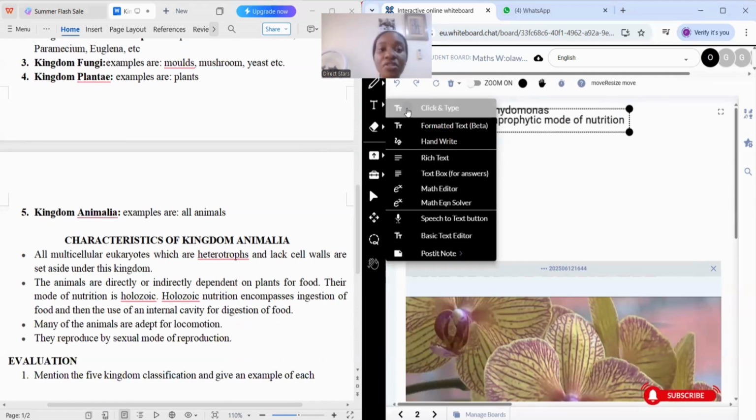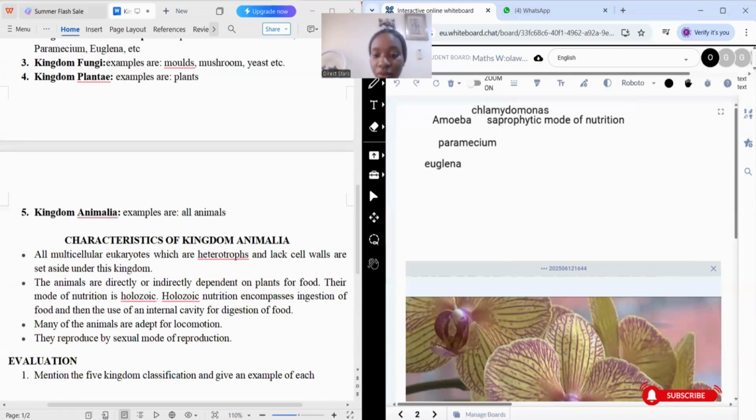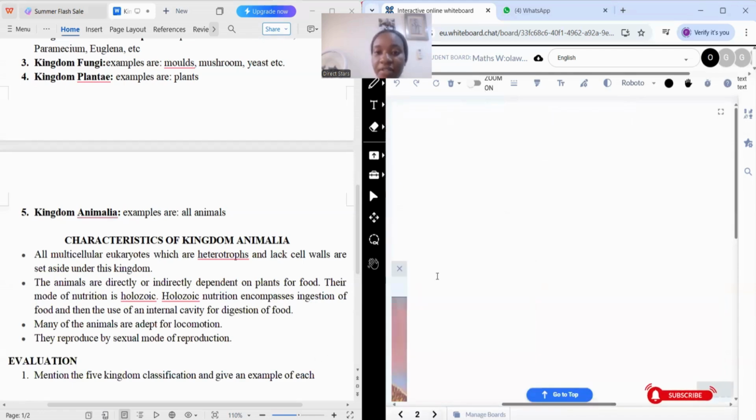Further subdivisions of the kingdom Plantae, we have the bryophytes, or let's call them the bryophyta. We have the thallophyta. We have the pteridophyta.